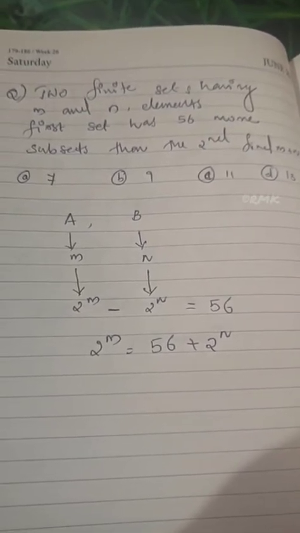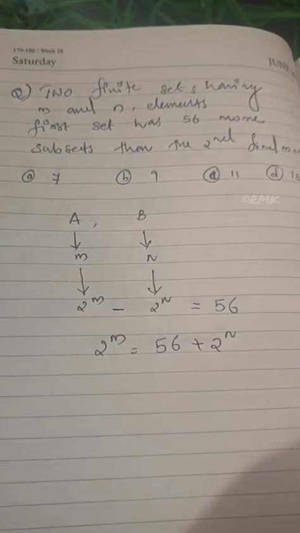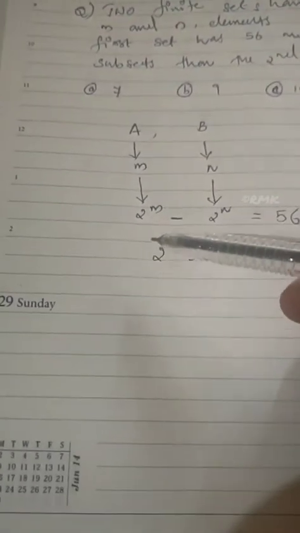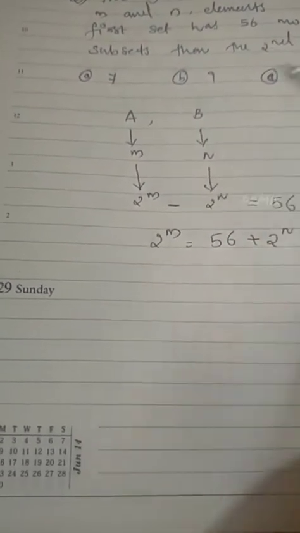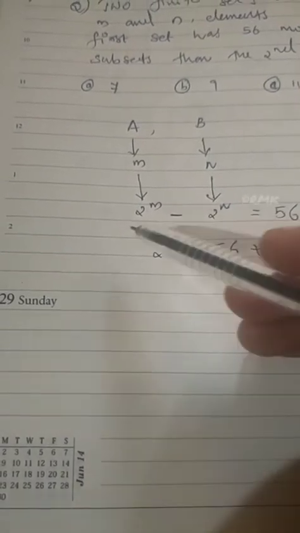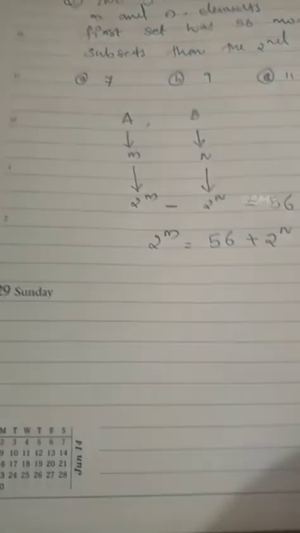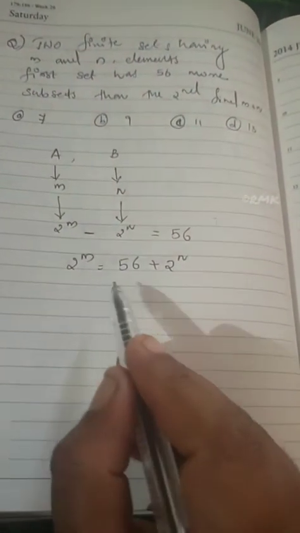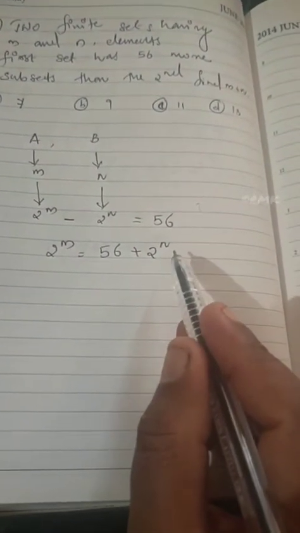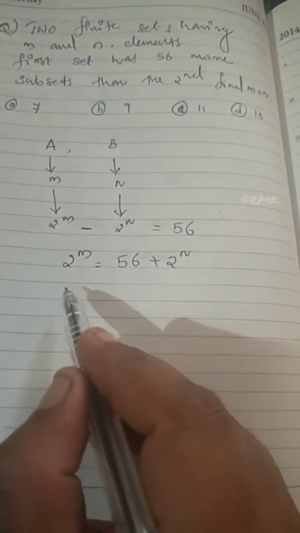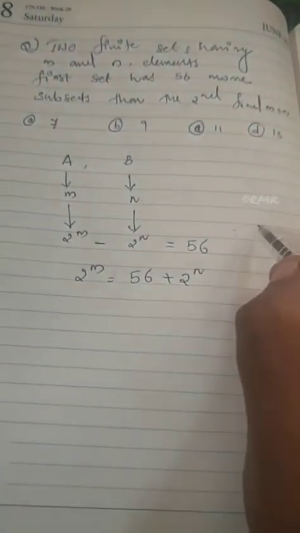Answer. Set A contains m elements, B contains n elements. Therefore, A has 2 raised to m subsets, B has 2 raised to n subsets. The difference between these two is equal to 56. We take 2 raised to m is equal to 56 plus 2 raised to n. By a shortcut, the next power of 2 is 64.